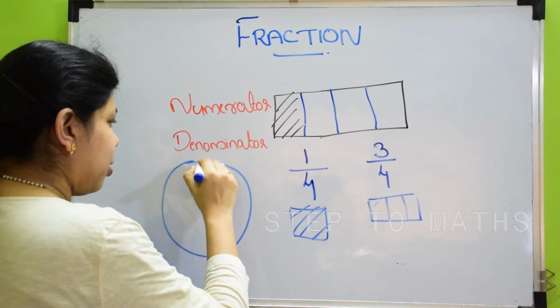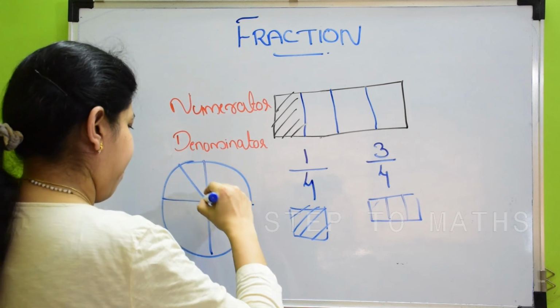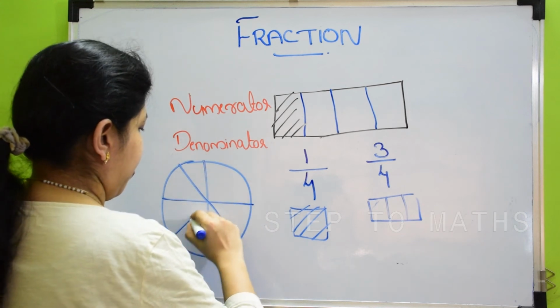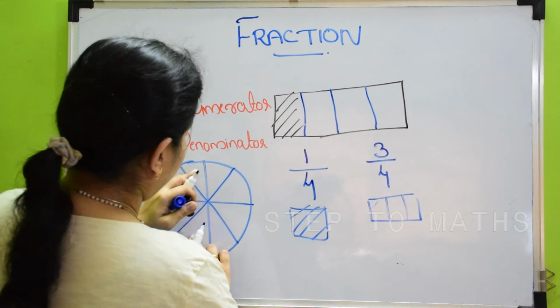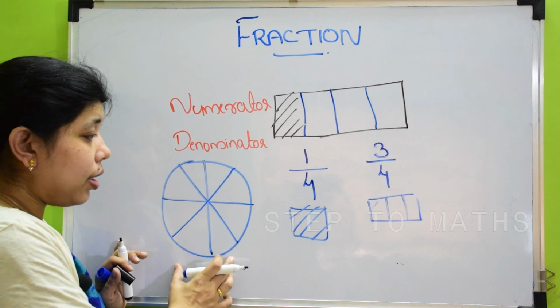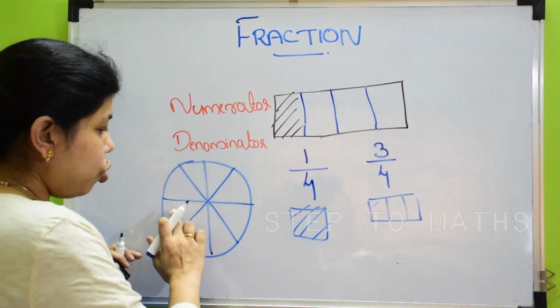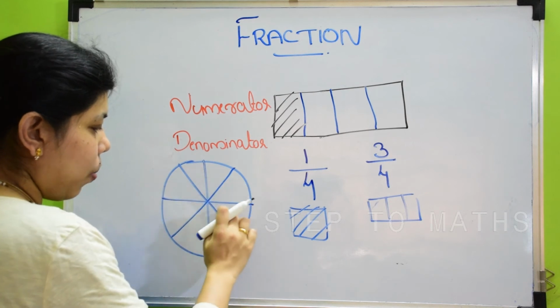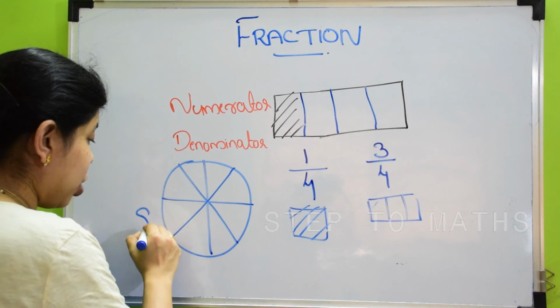Consider this circle. This circle is divided into a total of how many parts? 1, 2, 3, 4, 5, 6, 7, 8. So in the denominator what will come? 8.